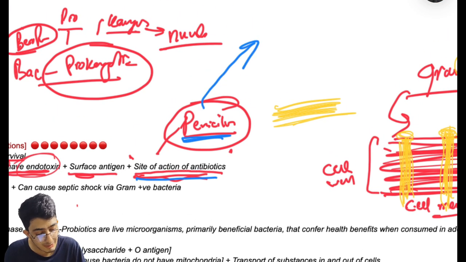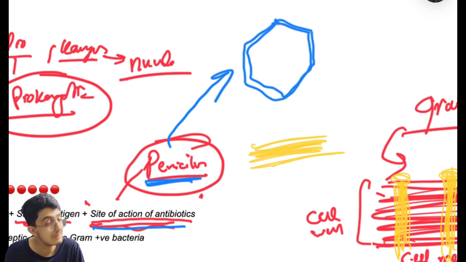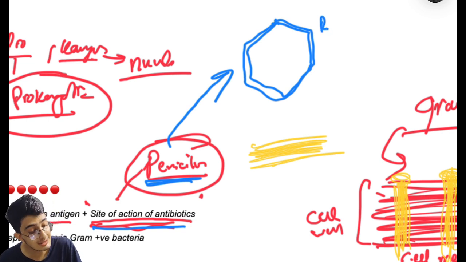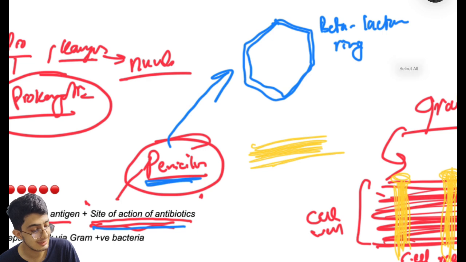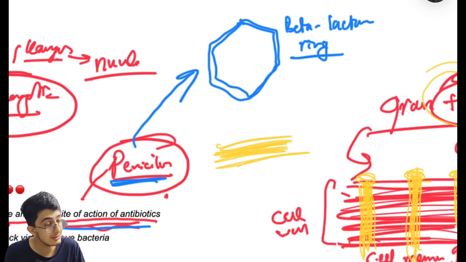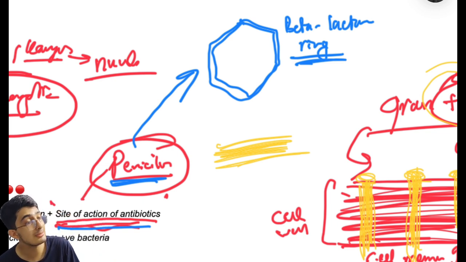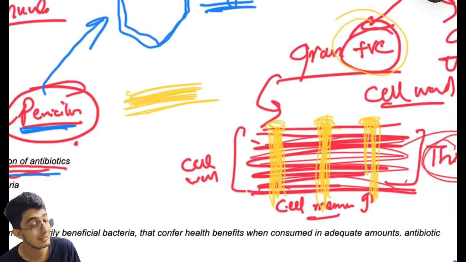If you look at the chemical structure of penicillin, there is a ring. This ring is known as the beta lactam ring. So the penicillin that destroys the cell wall of the bacteria contains a beta lactam ring, right?